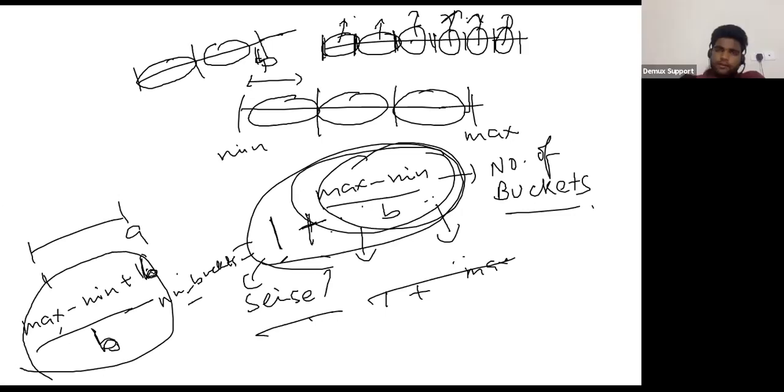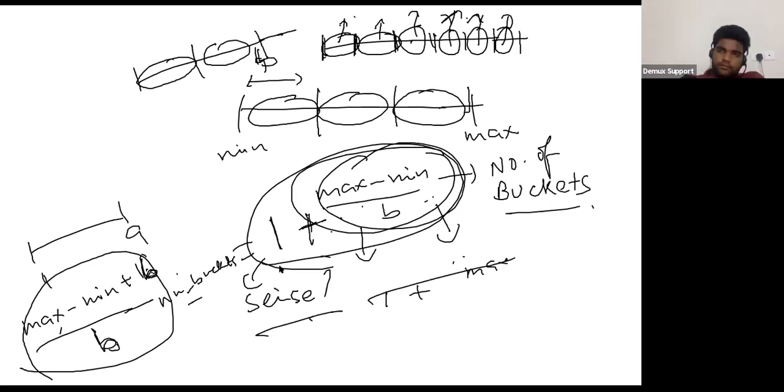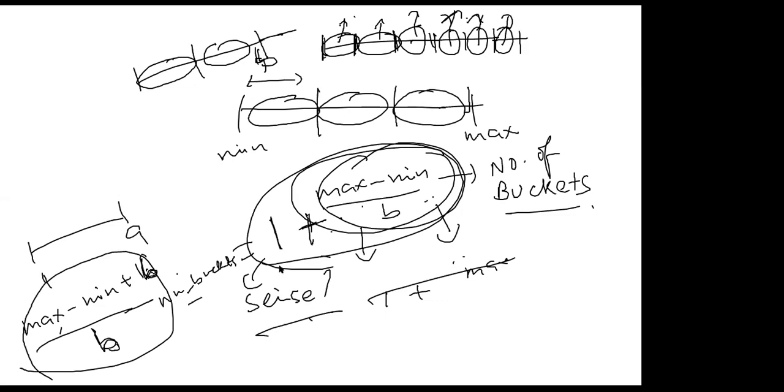If we ignore calculating the number of buckets, and we just make the size of the maximum b vector and minimum b vector the size of nums array, we could iterate through them, and if at any point maximum b of I equals integer max, then we could just ignore it.